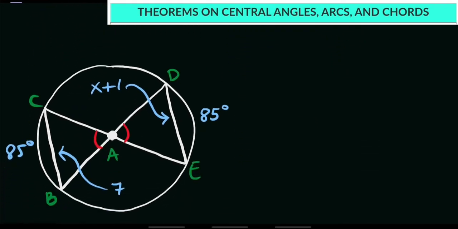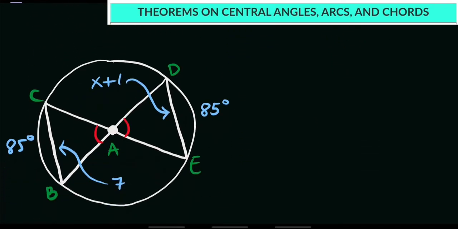Next, for question number 3, let's find the value of x. For this given figure, we have equal central angles. According to our marks, angle DAE is congruent to angle BAC.